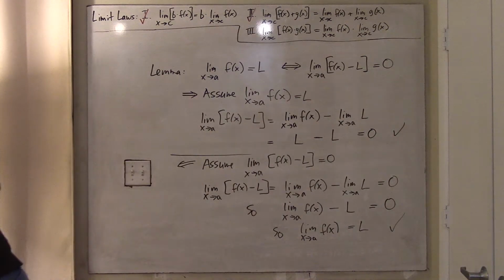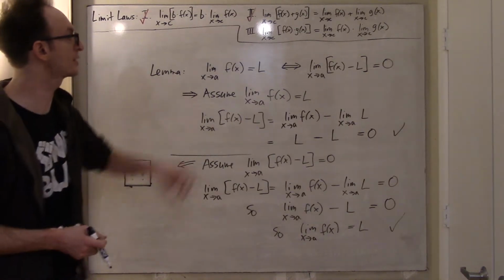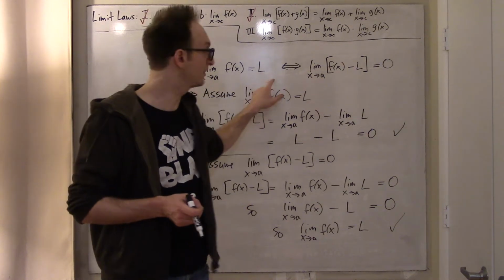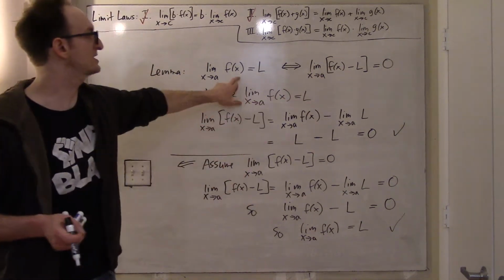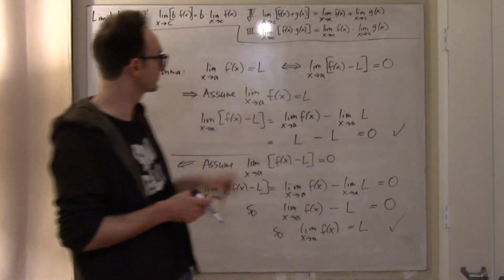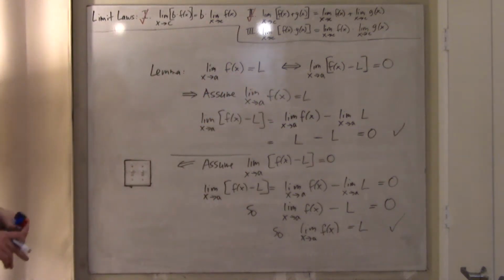In other words, if you feel like it, you may move back and forth fluidly between these two statements. If this is true, then this is true, and vice versa. Okay, so good.